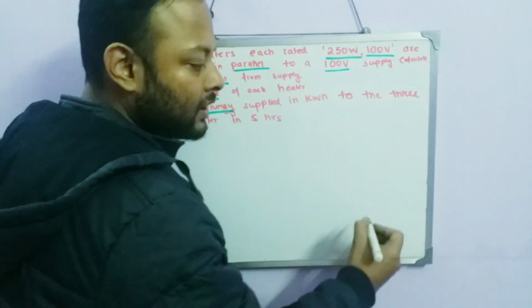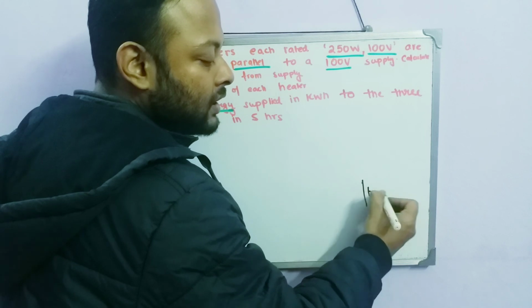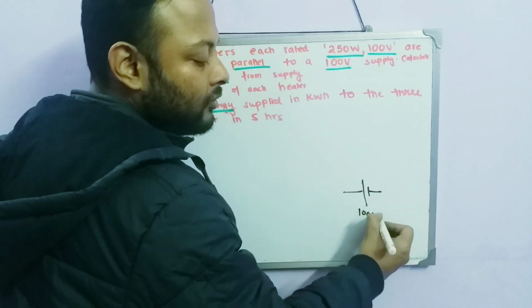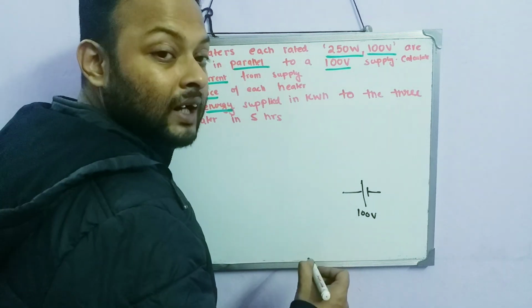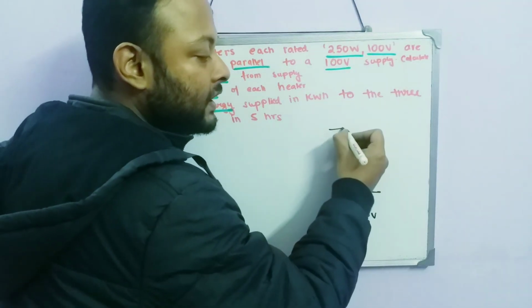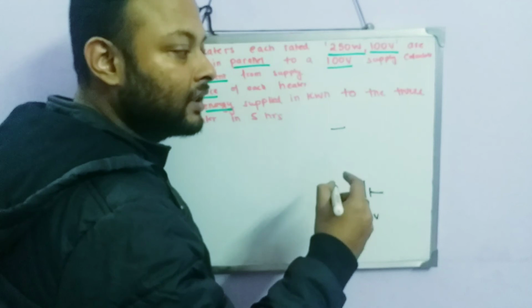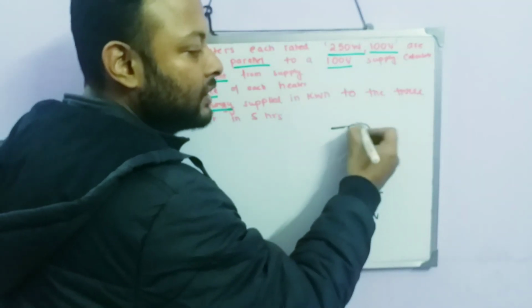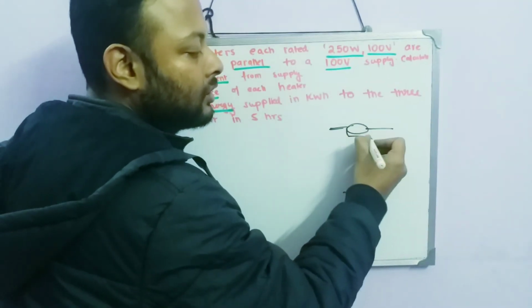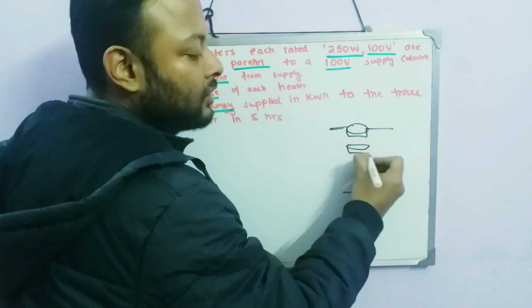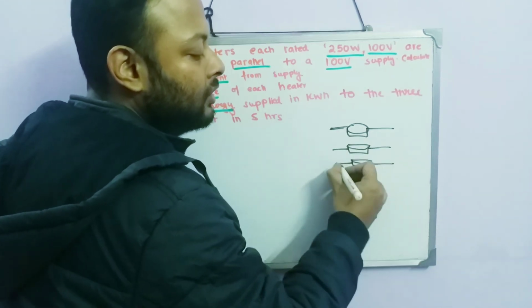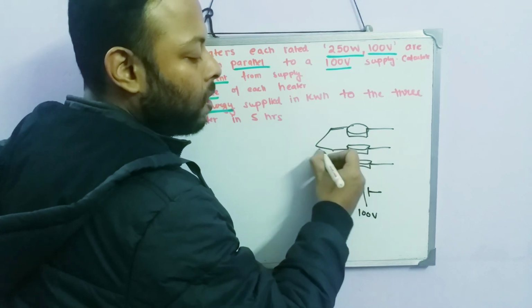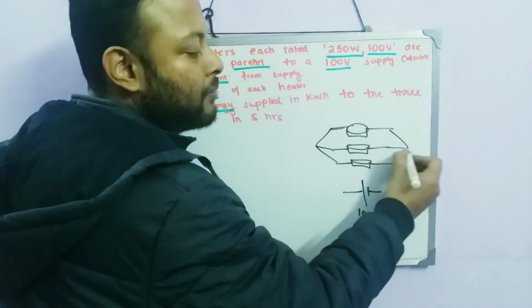So let's draw a diagram. So suppose this is a 100 volt supply. Now there are 3 heaters which are connected in parallel. So these heaters, I am representing the heaters, you can say these heaters are like this. One heater, the second heater, and the third heater. They are connected in parallel. As you can see, they are connected in parallel.